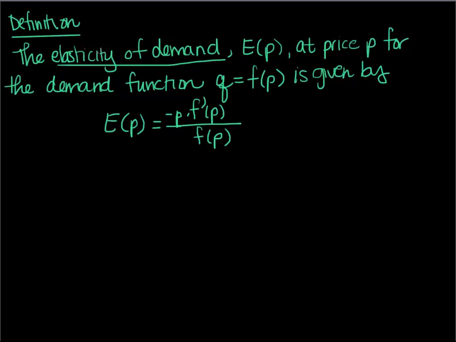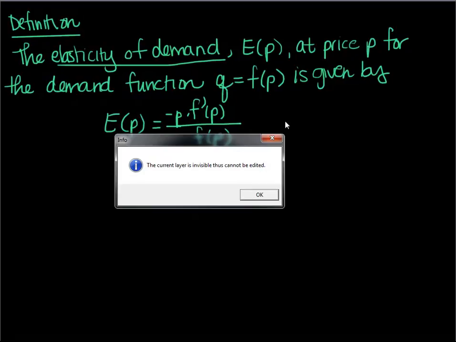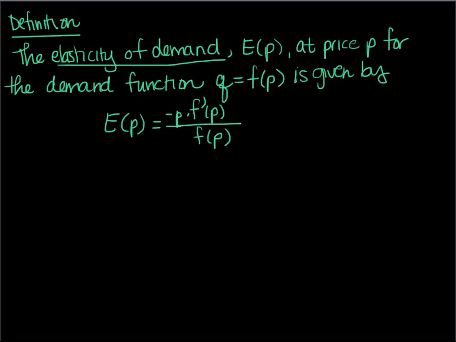I just want it to be positive because we're going to define some important things about elasticity, so we'll always have them be positive. Because f prime of p is always negative, we put in this negative sign right here so that when we find the elasticity, it's always going to be positive.